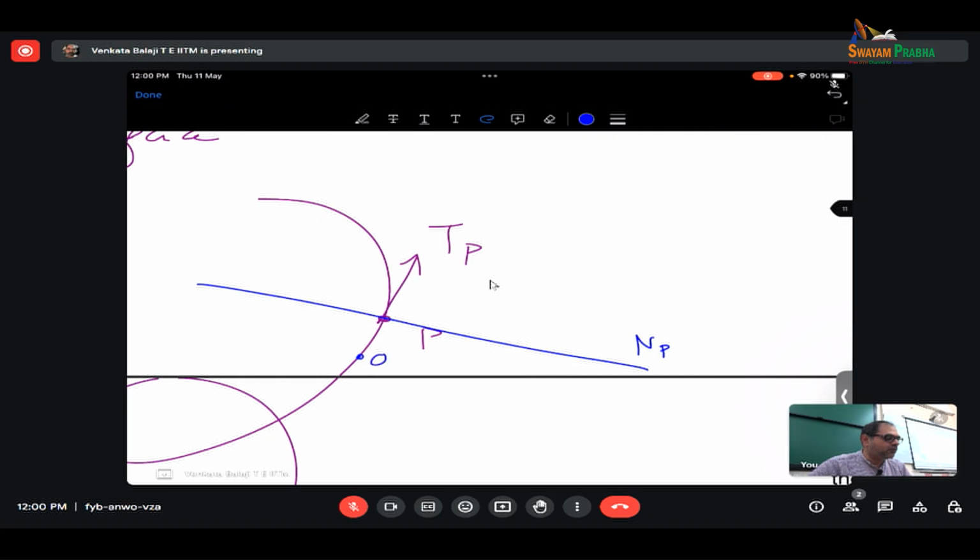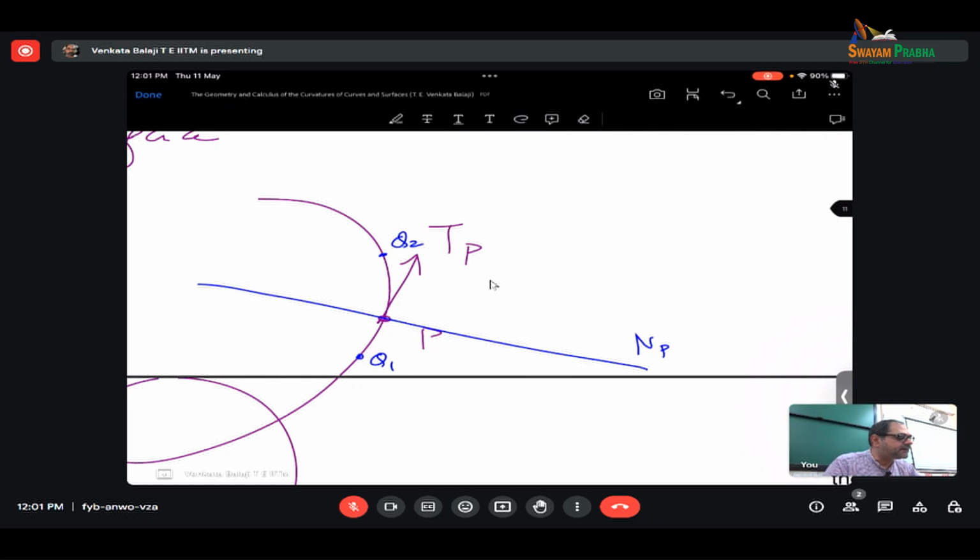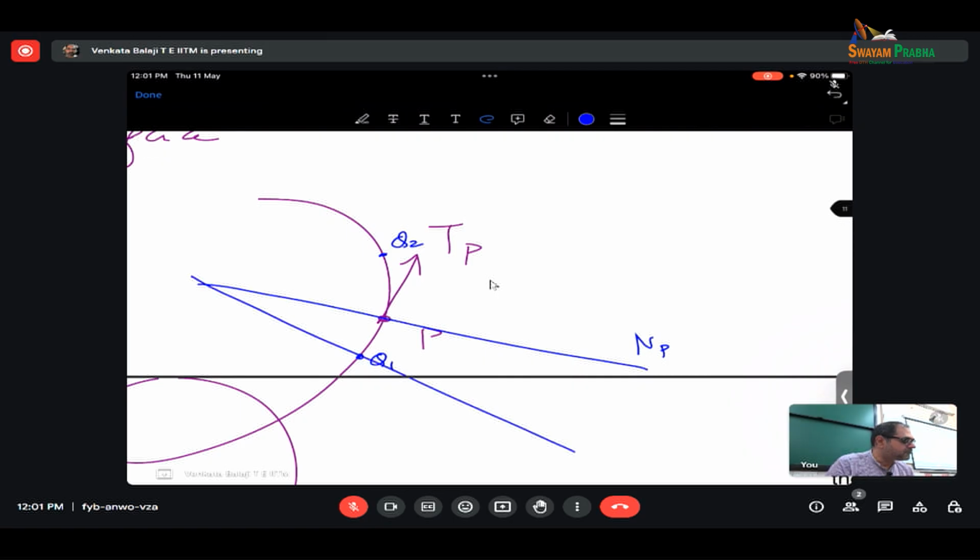So you take another point, let us say q1, and another point, q2, before and after. At q1 again you have a tangent and a normal. Let me draw this. So you have this normal at q1, and then there is also a normal at q2.